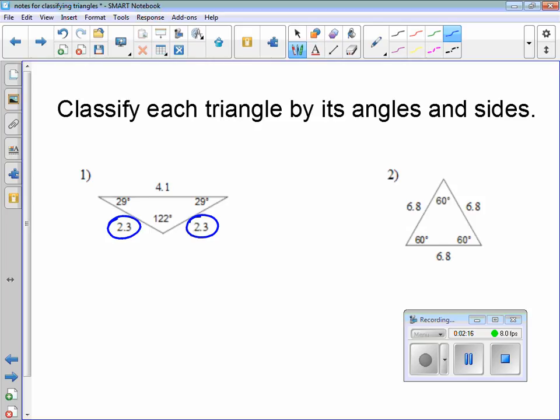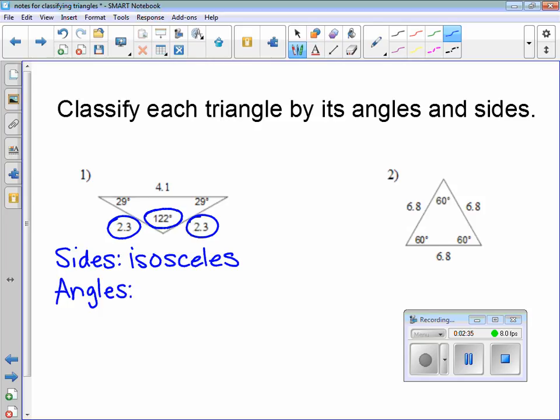So classifying this triangle by its sides would be isosceles. Now we classify it by its angles as well. We look at the angles, and we'll see that one of our angles is greater than 90 degrees. So our triangle is an obtuse triangle.